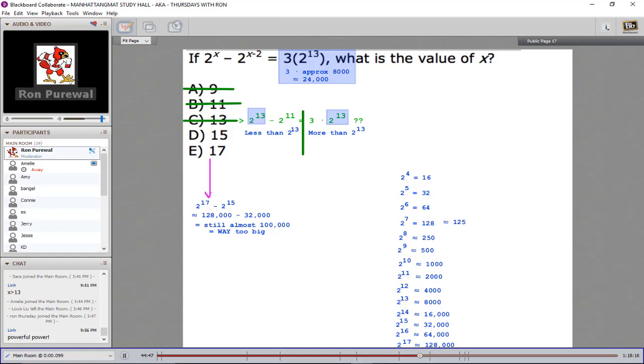So no, not E. If we approximate D, this is 2 to the 15th minus 2 to the 13th. So this is approximately 32,000 minus 8,000. So look at that.